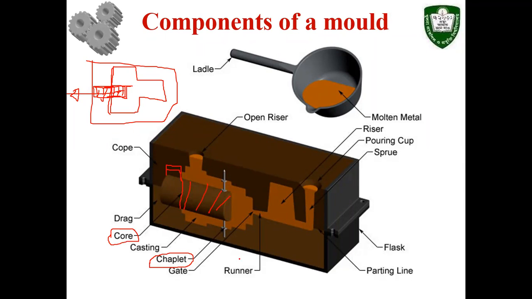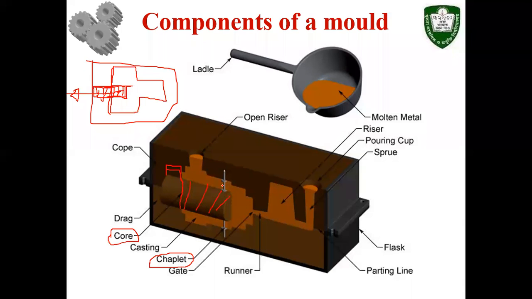Yes, sir. Okay. And in that case, in most cases, the chaplet material is the same as the molten material, and in other cases the chaplet is very small. It just holds the core because there is not much force exerted by the molten material.